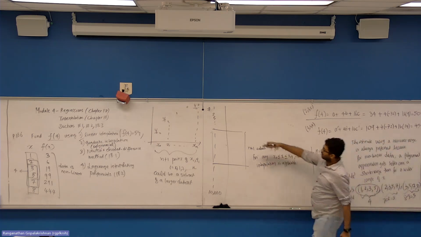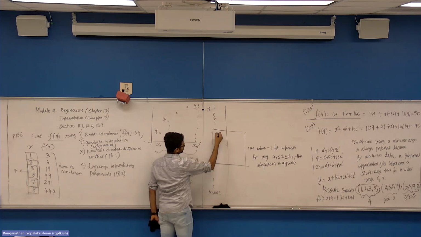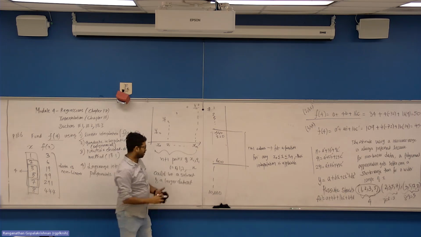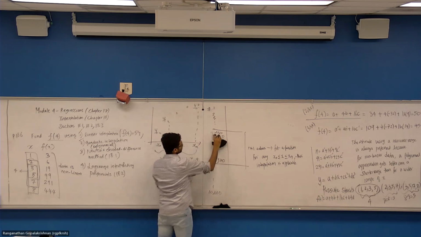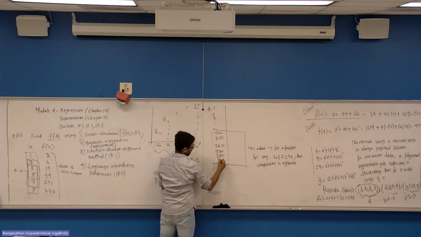Suppose these entries are separated by 10 units: 340, 350, up to, let's say, 390.